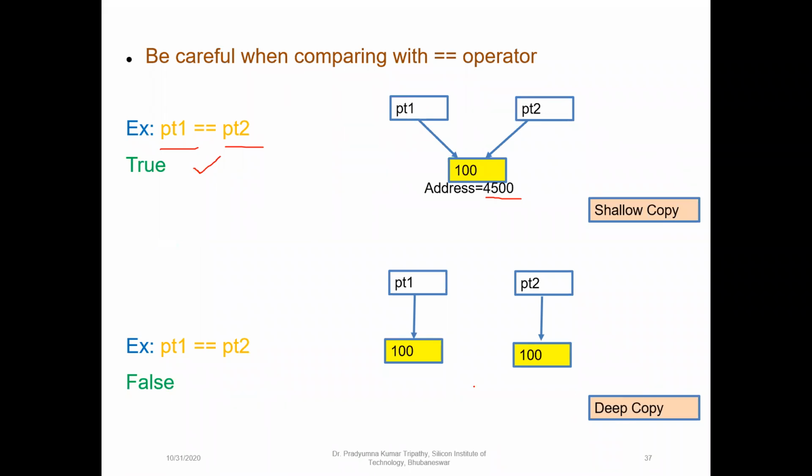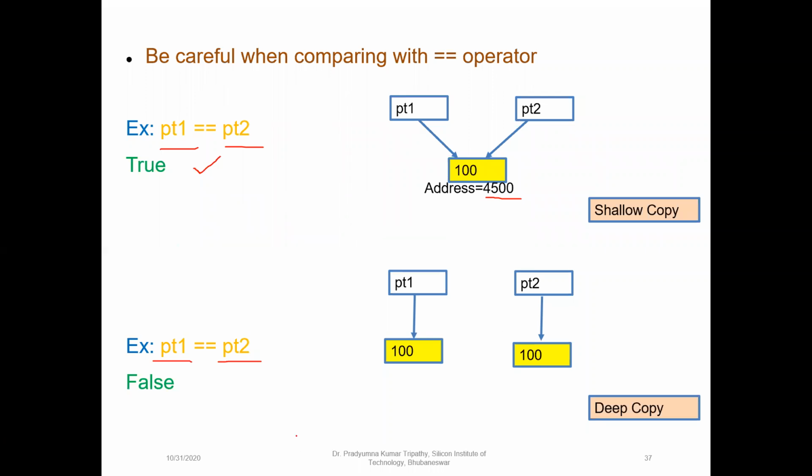Both PT1 and PT2 are pointing to the same location. The deep copy says PT1 and PT2 are two different objects and they are assigned with two different addresses. Then they may give you false. If they are being assigned with two different objects and they maybe have the 100 value over there, then it is different, it returns false. So this is called the deep copy actually, and this is called the shallow copy.